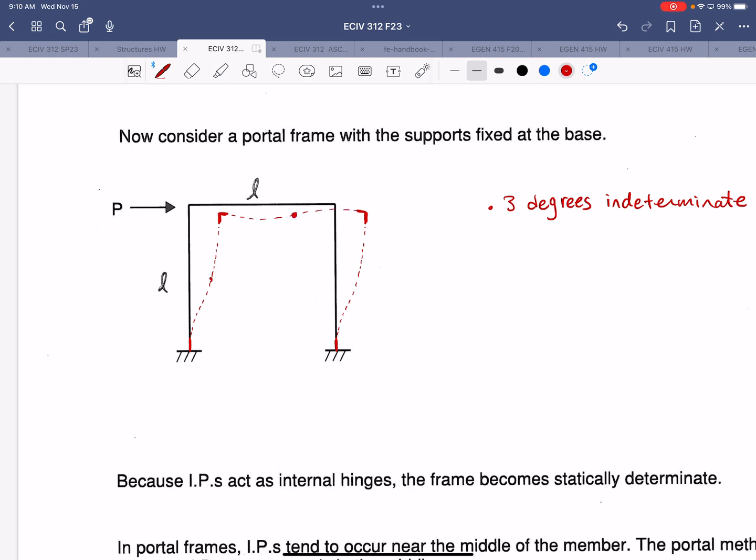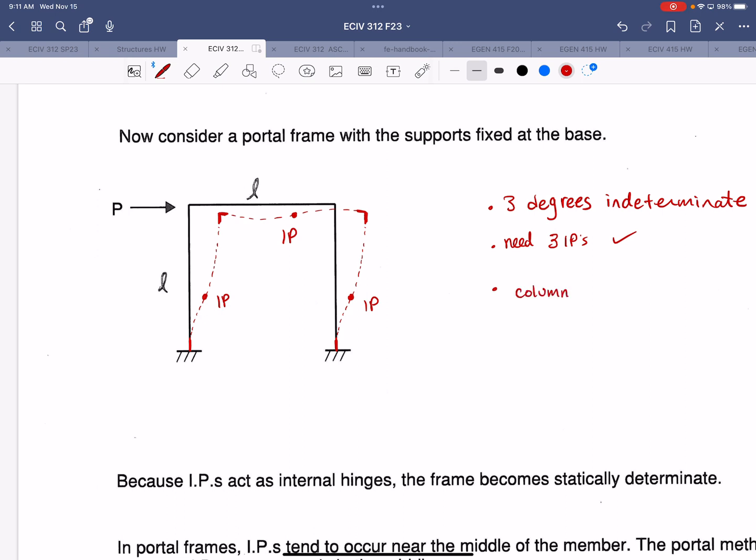And you'll have an inflection point. Let's see. The way I drew it, it's really kind of somewhere around here. All right, you'll have an inflection point in the columns and in the beams. All right, so we need 3 IPs, we got them.